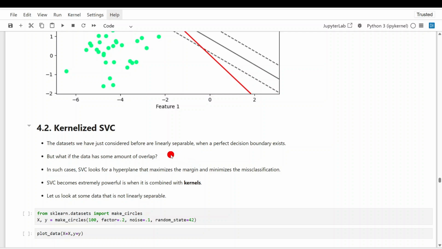But in reality, we will not have linearly separable data. What if the data have some overlap or mix of the different classes? Then the support vector classifier looks for a hyperplane that maximizes the margin and minimizes the misclassification error as much as possible. The support vector classifier is extremely powerful, especially when combined with kernels, specifically nonlinear kernels.